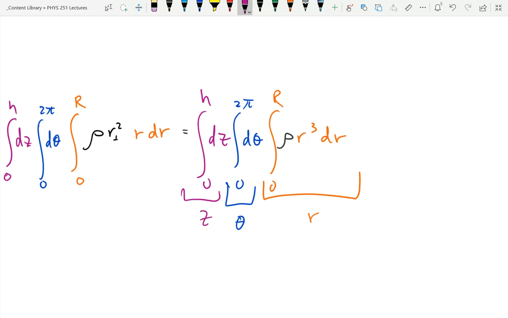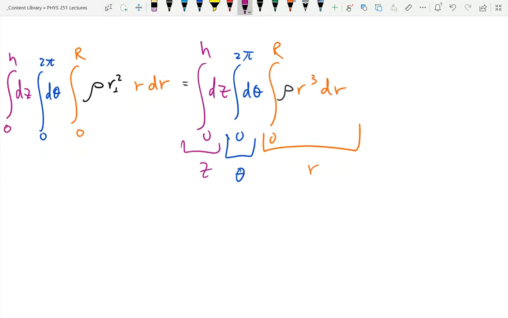So what's the integral from 0 to h of dz? H minus 0, so we'll just put h. What about the integral from 0 to 2 pi of d theta? 2 pi minus 0, so 2 pi. And finally, what's the integral of rho r cubed dr from 0 to R?